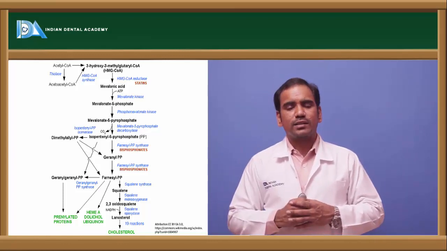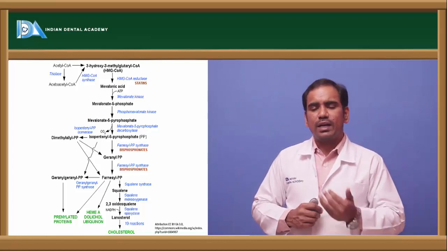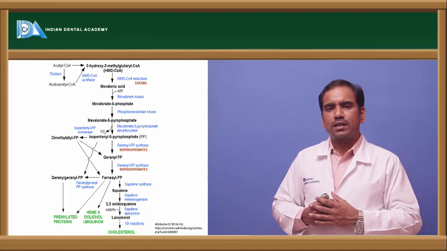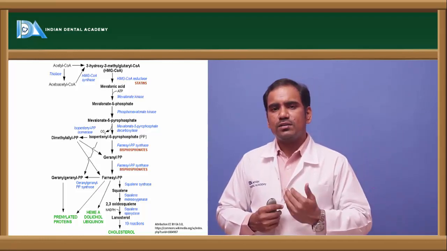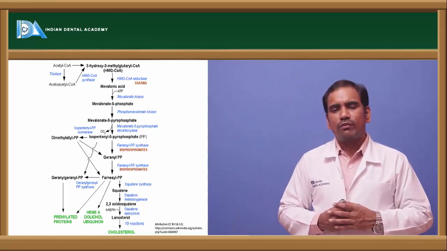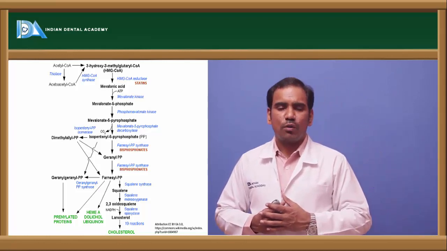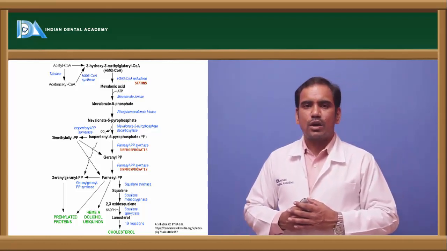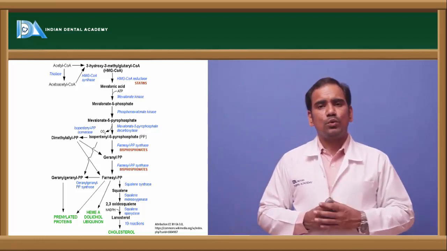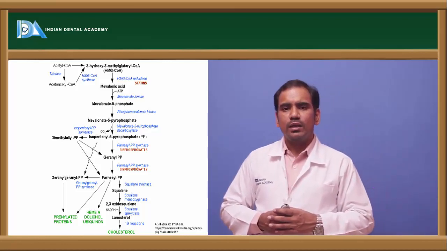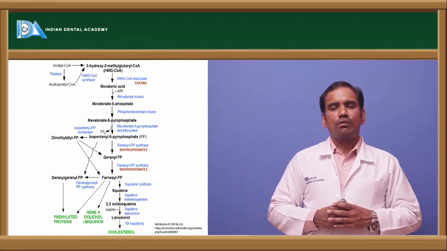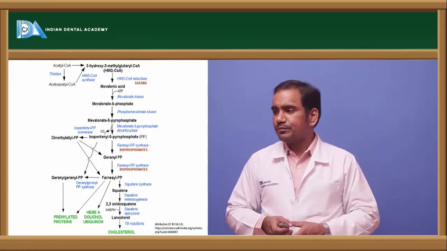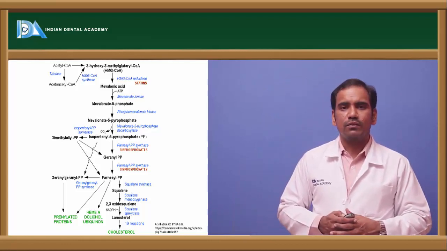That lanosterol is a 30-carbon compound, and in the next sequence of about 19 reactions, 3 carbons are removed, and finally a 27-carbon compound, cholesterol, is synthesized. So this is how a simple 2-carbon compound, acetyl-CoA, is used in the synthesis of a 27-carbon compound, cholesterol. So this is about the synthesis of cholesterol.